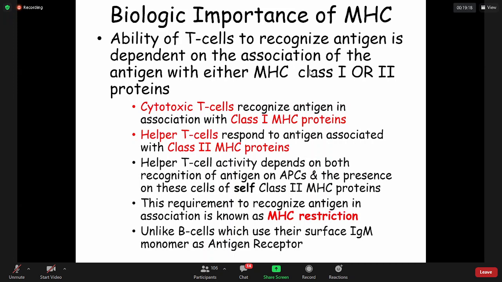If it is a cytotoxic T cell, it will recognize antigens that are presented by MHC class 1. If it's a helper T cell, it is going to recognize antigens that are carried by MHC class 2 proteins. That's what is referred to as MHC restriction. Cytotoxic T cells will not recognize an antigen that is carried by MHC class 2 and vice versa.